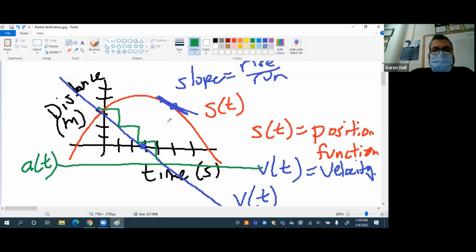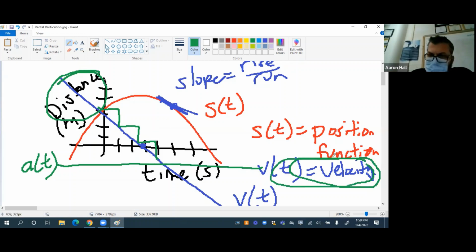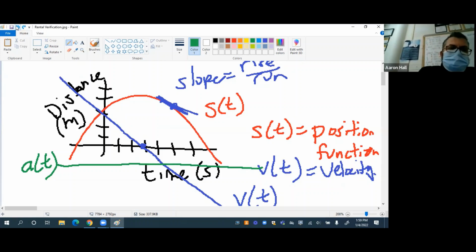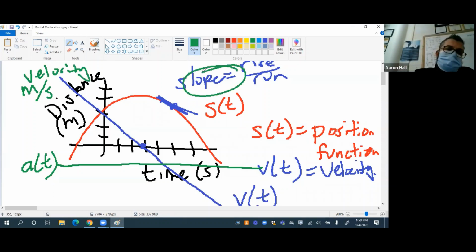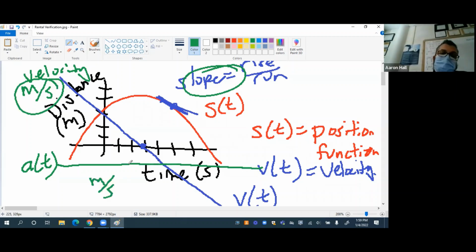Now, when we take the derivative of a derivative, for the blue graph, our y-axis is no longer distance, it's what? It's velocity, meters per second. Now, if I do my slope of rise over run, and my rise is meters per second over what?